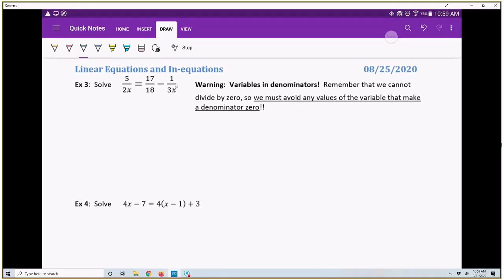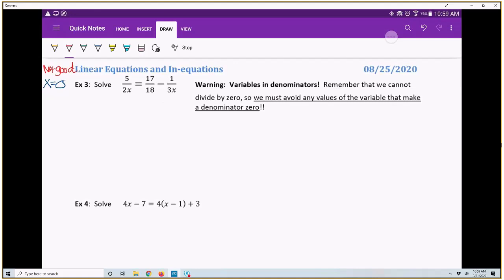We have 3 times x on the bottom as well. So right away I'm thinking, if I have x equals 0, that's probably not good for this equation, because 2 times 0 would give me division by 0.